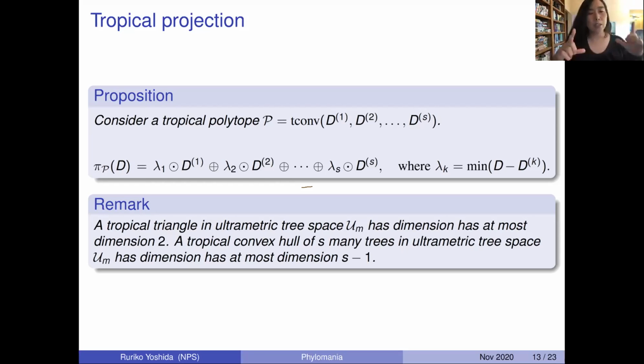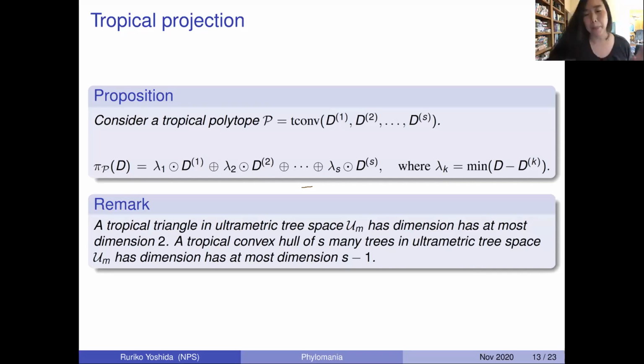Suppose I have a tropical polytope with S many vertices, then the dimension of the tropical polytope is at most S minus 1.